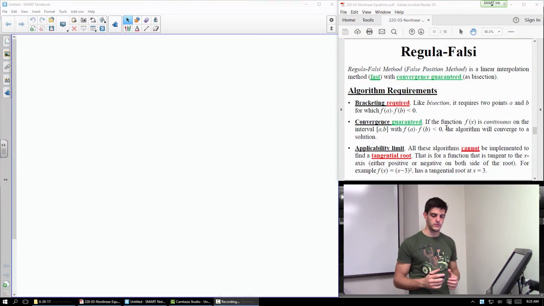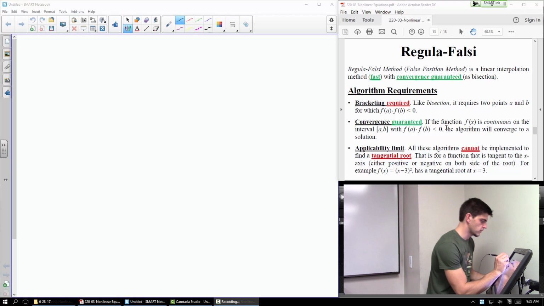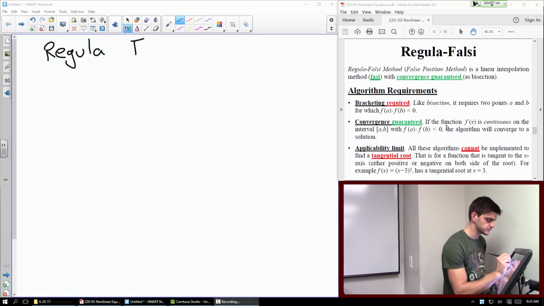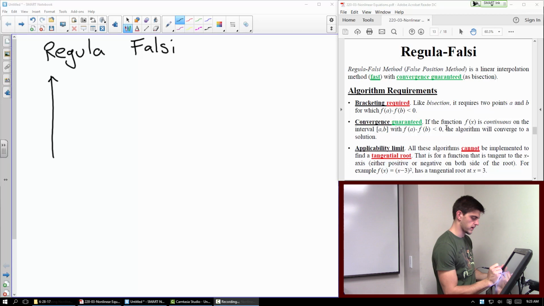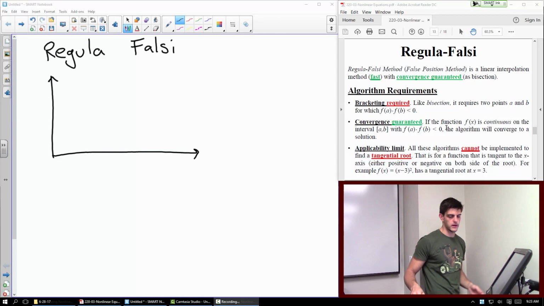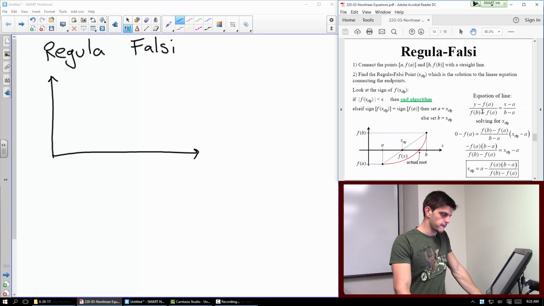Now, let's go ahead and do a quick example of just the method being used. So let's go ahead and define how to use Regula Falsi. So here we're going to draw our axes, and I'm going to go ahead and borrow this diagram from the slides.